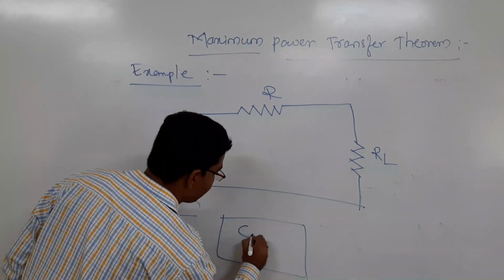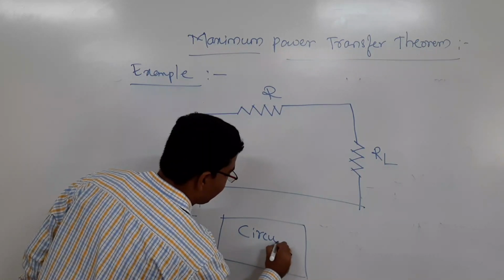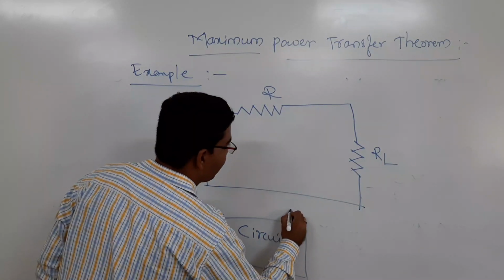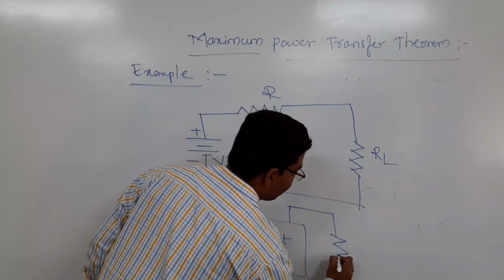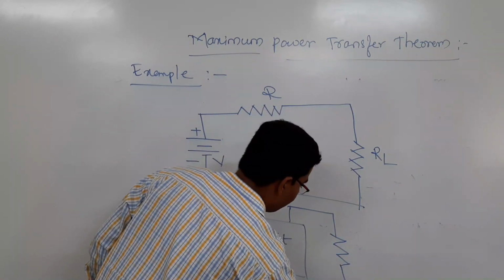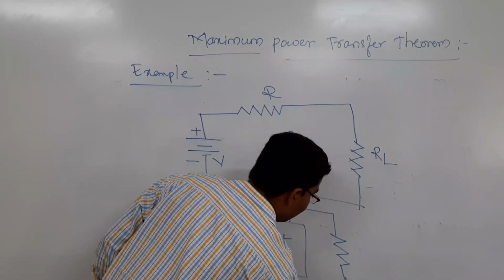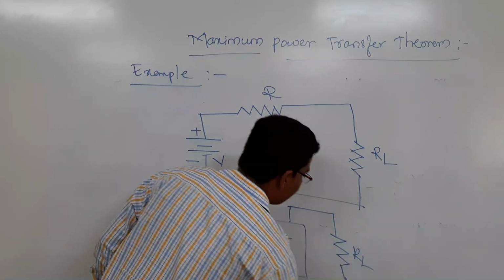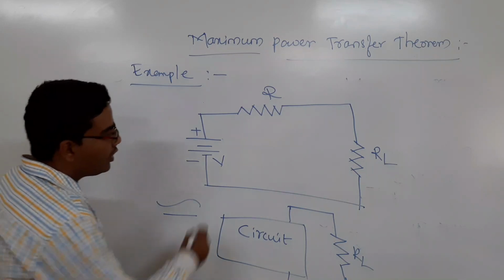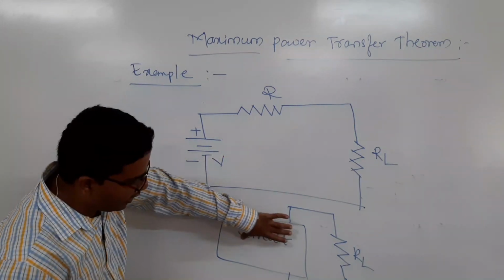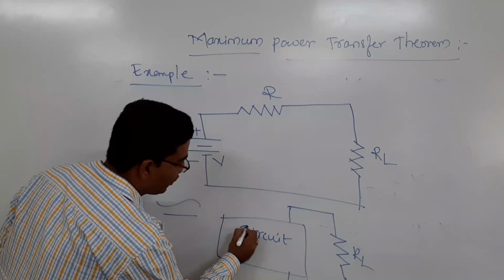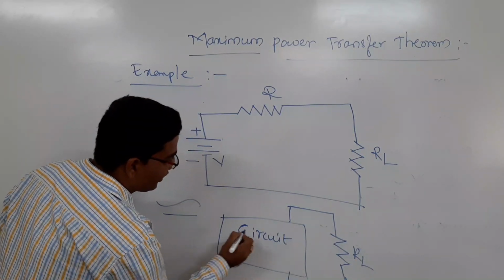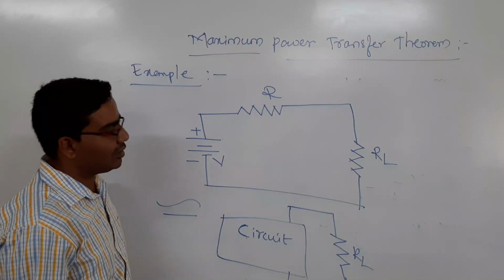Any bilateral circuit you can draw here, then connect it with the load resistance, that is RL. Whatever block I have drawn, it is any linear bilateral network.